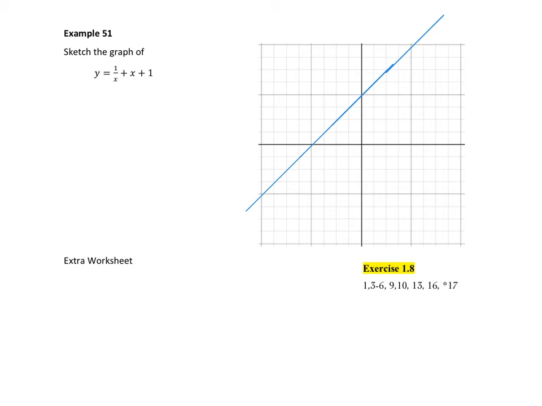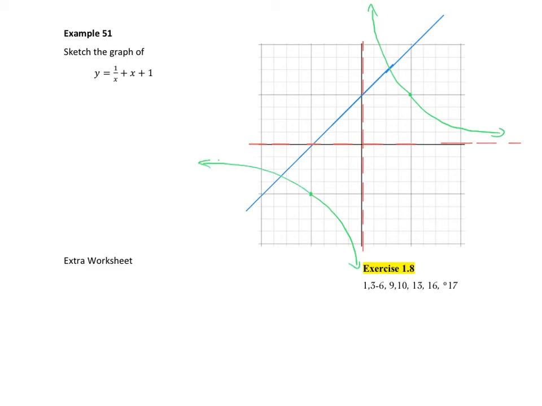So there's my vertical asymptote, and let's do a horizontal asymptote. And maybe in green, we'll do 1 on x. So 1 on x we know goes through the point 1, 1. So let's make that the point 1, 1 there. So our graph goes up like that, and then comes down that way, and it goes through the point negative 1, negative 1. So you might go through like that and up that way.